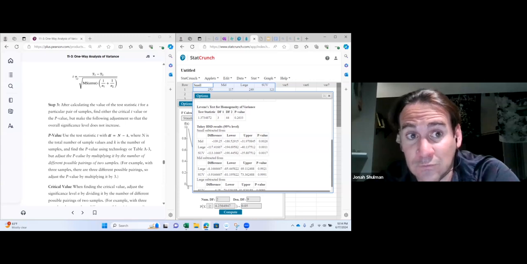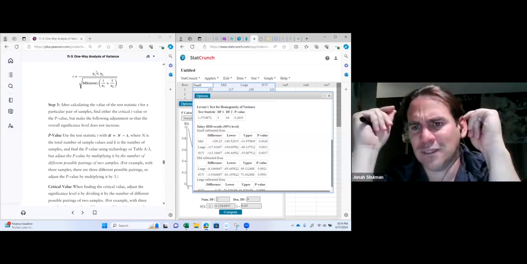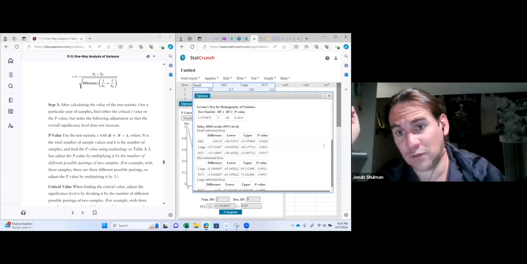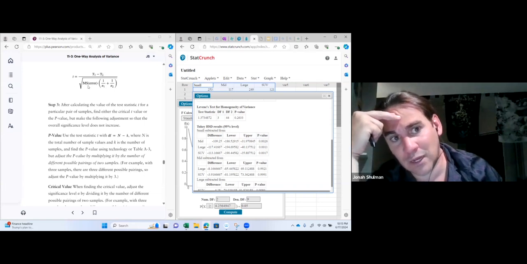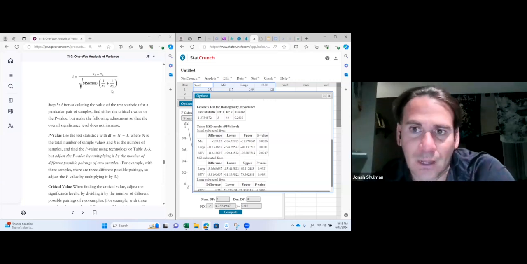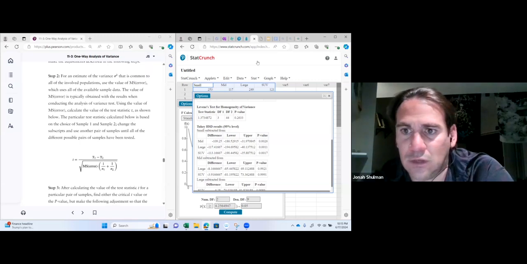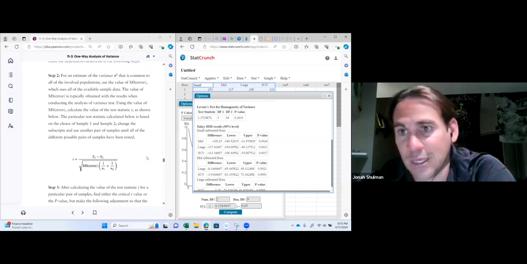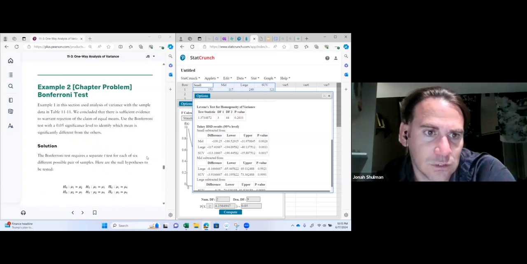We're just finding the difference between the means. But we can't just subtract the means. We also have to see if it's significant, so that's why we have to add the error. You take the difference of the means, divide it by the standard error, and also use the different sample sizes. That's how the Bonferroni works. Now, a lot of these statistical programs have Bonferroni, have Tukey, have them all in there for you.